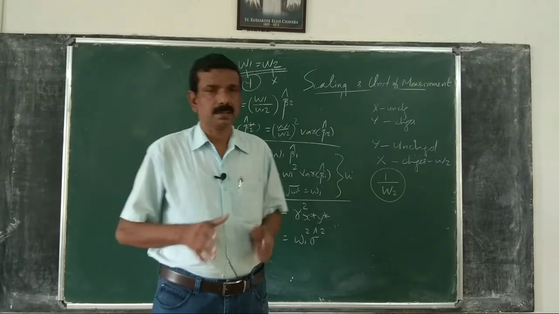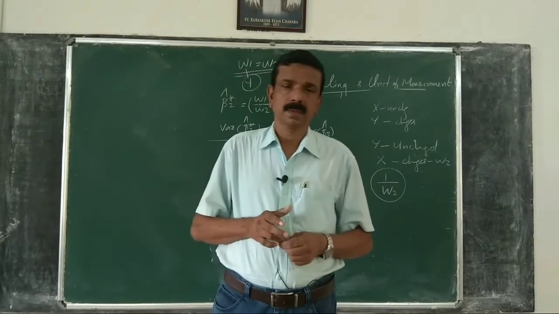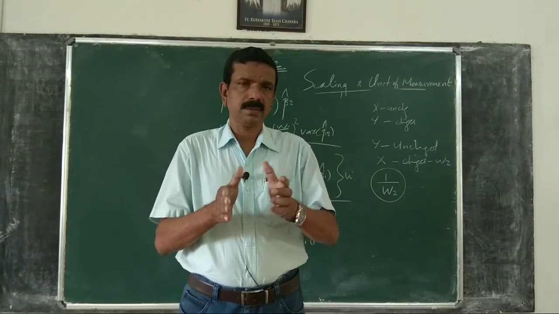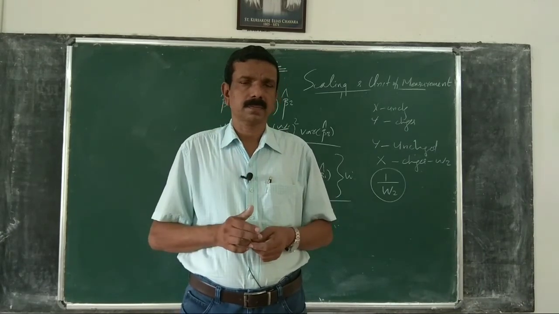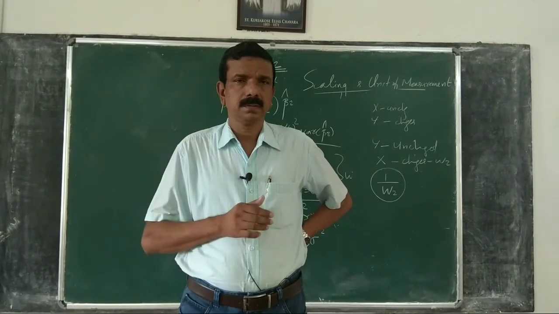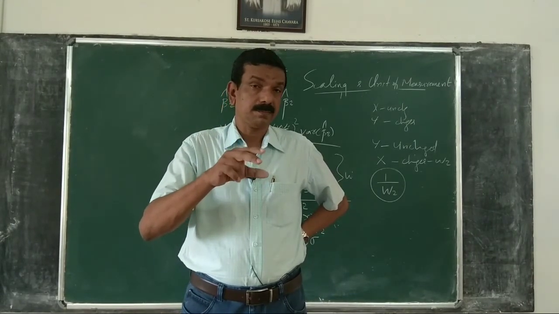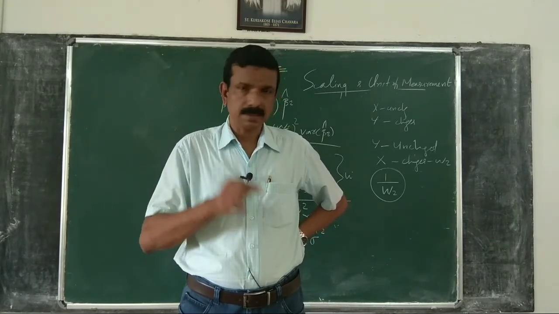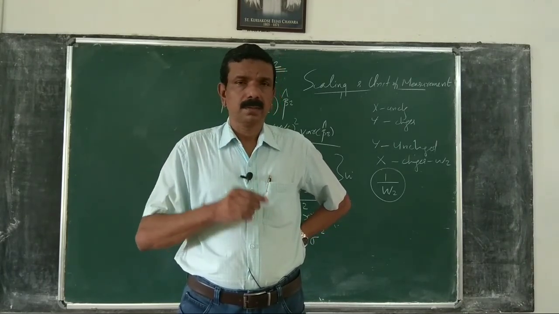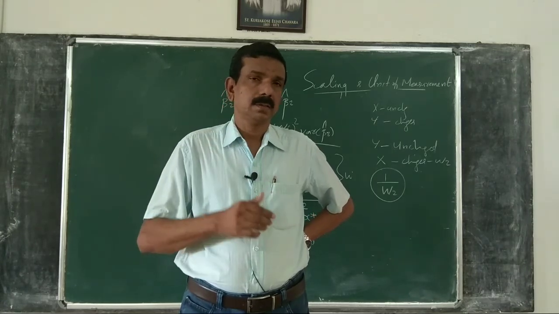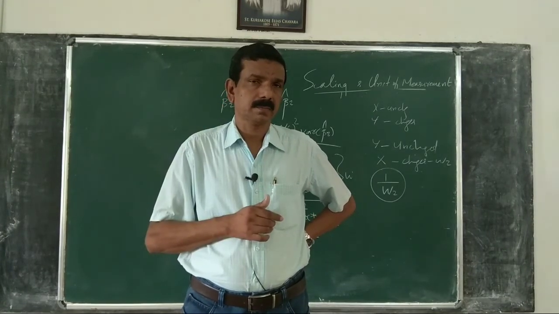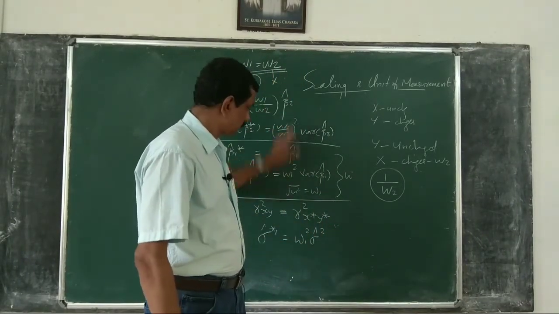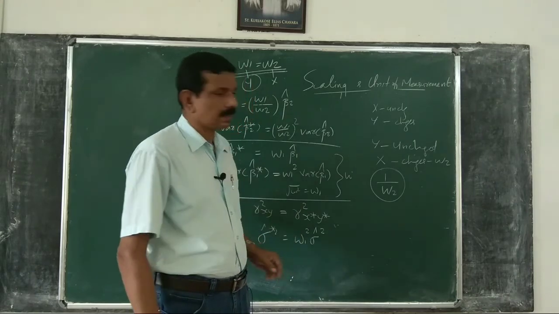Initially you take the values as they are, then you convert them into thousands, and observe what happens if both X and Y are converted into thousands, that is multiplied by 1000. X alone changes, Y alone changes, and see whether these relations are correct or not.